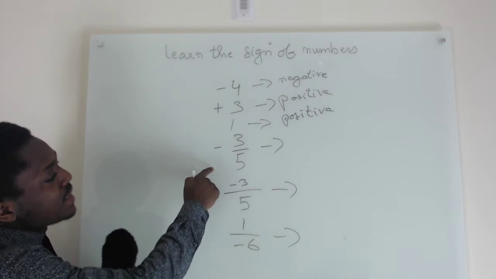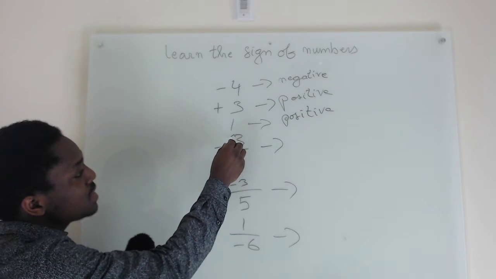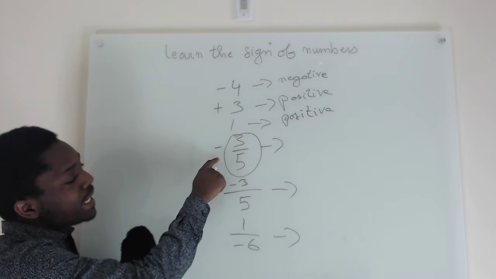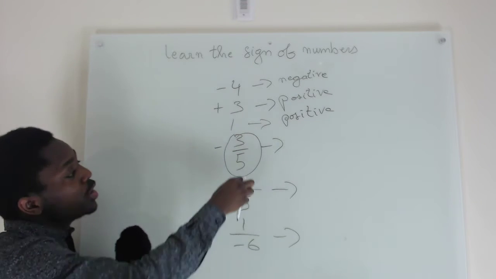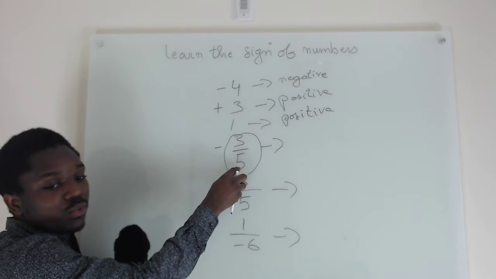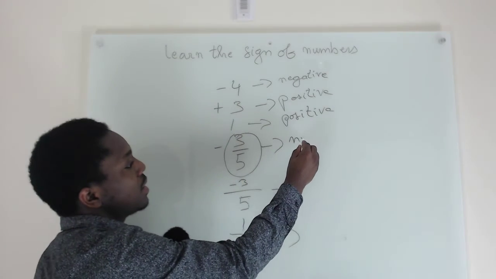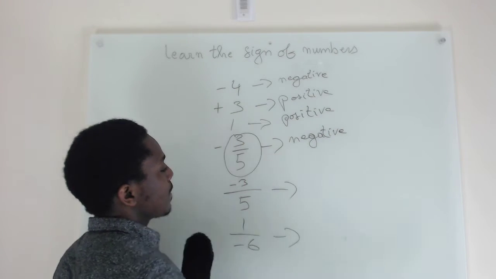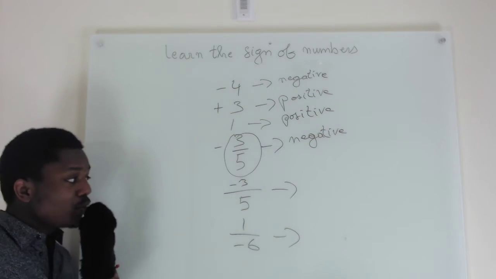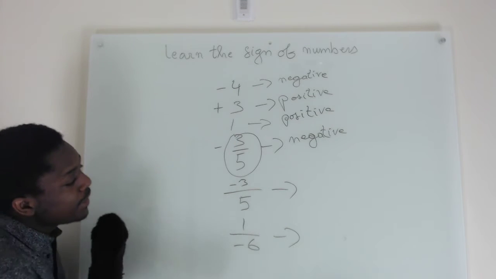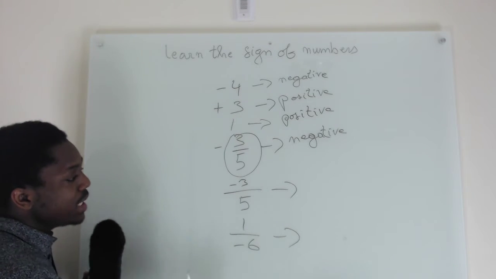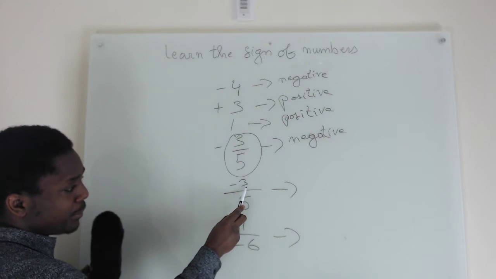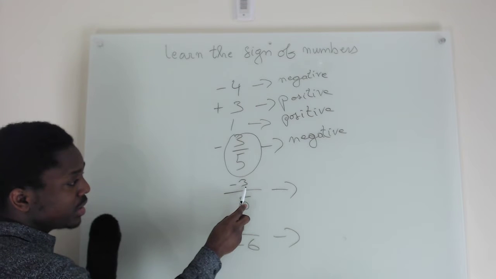So now for the third example, for the fraction, the sign of this fraction right here, when we look at the left, the sign that is on the left is negative. So the sign of this entire fraction right here is negative. So now for the fifth fraction, which is this one right here, the sign of the first number that is on top of the fraction is what?